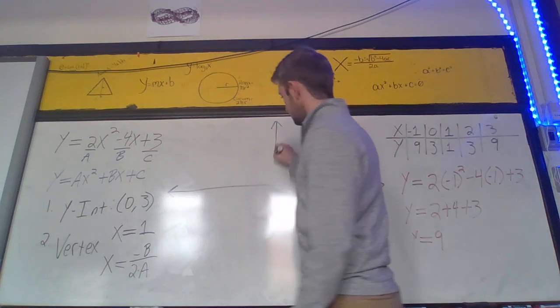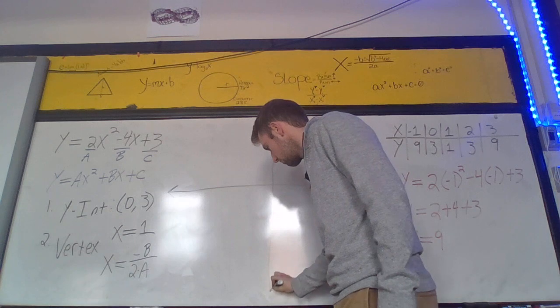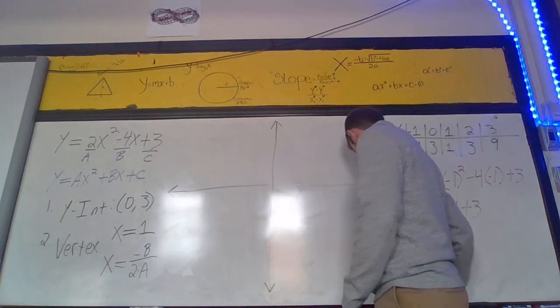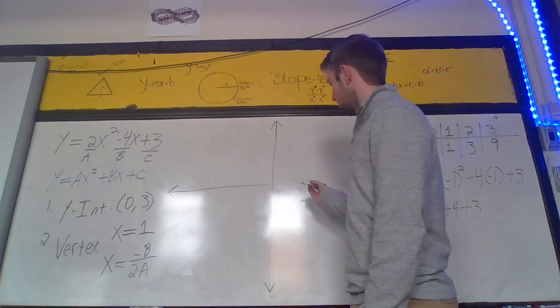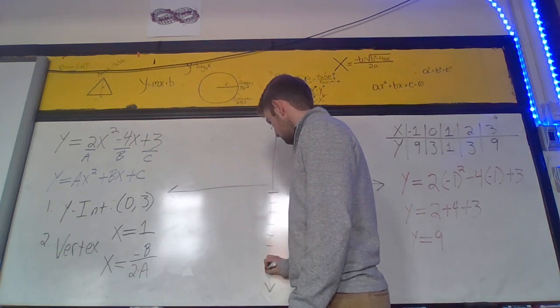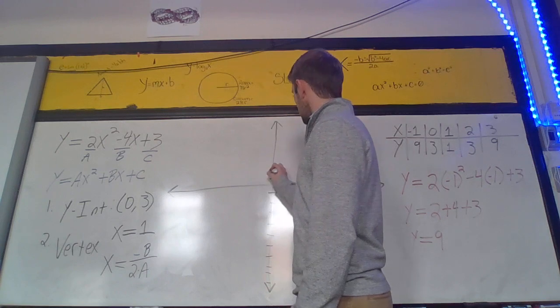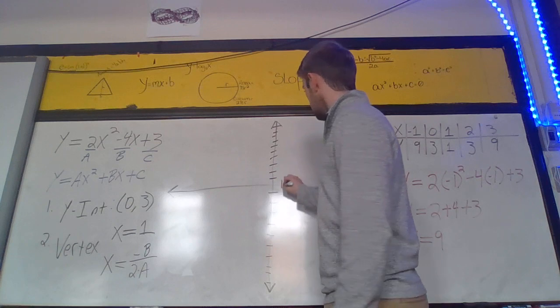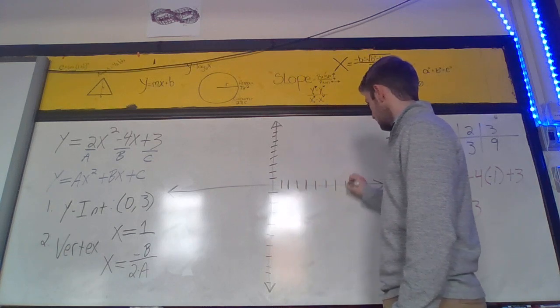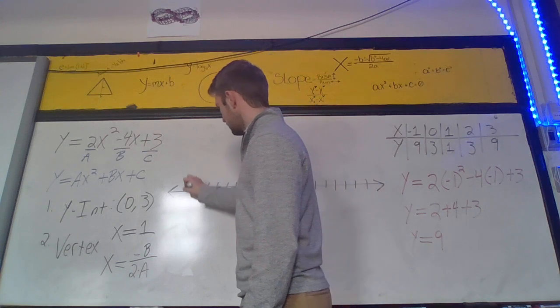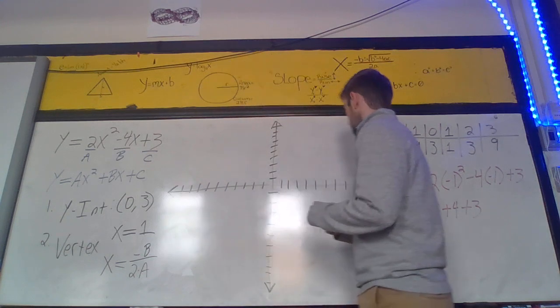Okay, so most of these, if you graph, are going to be a lot larger. Mine's going to be just a tad bit smaller. See if we can get a better one. Okay, most of these are going to go off the graph a little bit more.